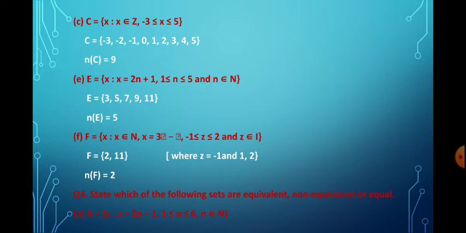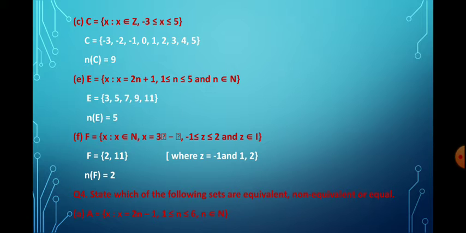Non-equivalent means the number of elements of one set is not going to be equal with the number of elements of the other set. Equal is when we see that it has exactly the same elements in both the sets. In both the sets the elements are going to match with one another, that will be known as equal.